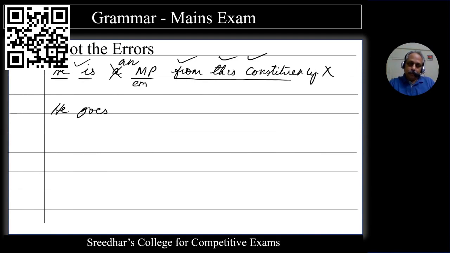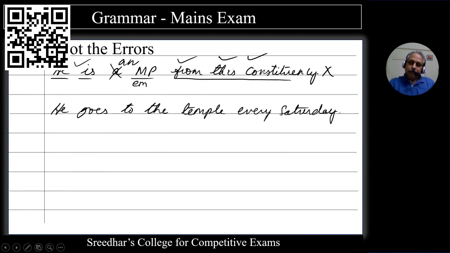He goes to the temple every Saturday. Here it is understood: every Saturday going to the temple, or going to a particular temple. What is the idea? To pray to God.